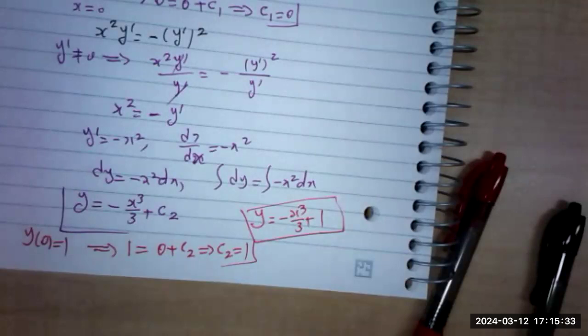Because you shouldn't get this type of thing. That's okay, because you know that you must get a constant. You must check the second derivative.